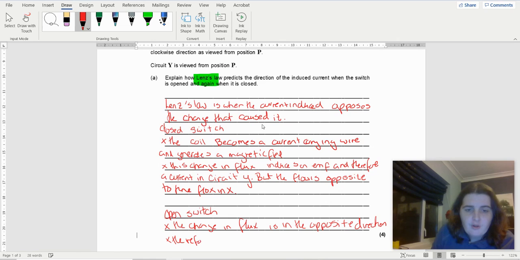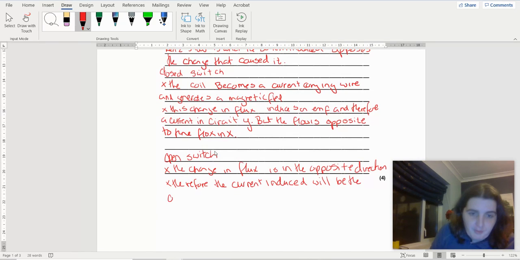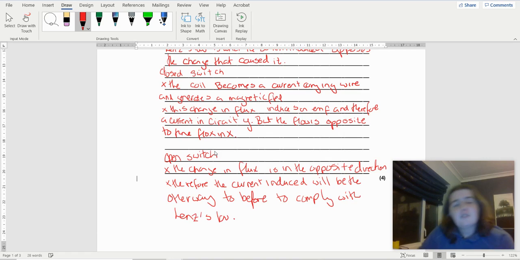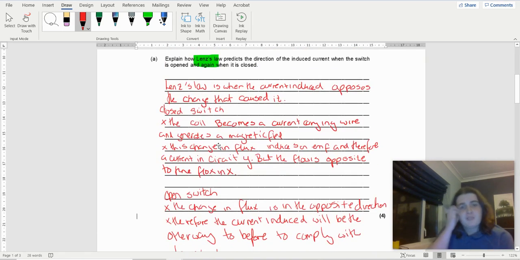Therefore, the current induced will be the other way to before, to comply with Lenz's law.